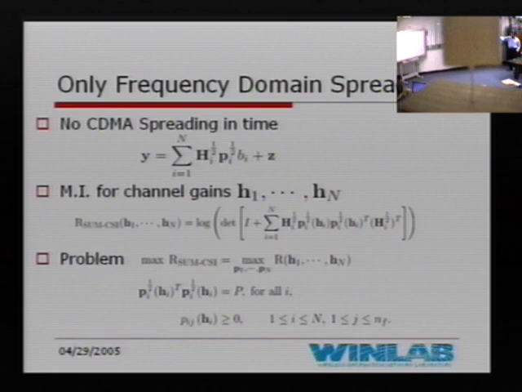The expression for mutual information turns out to be this, which is essentially the sum of the covariance matrices. You have N symbols that you're spreading over N channels, right? Yes, so the sum of the covariance matrices, and this is what the problem is. And the thing you're choosing is power.